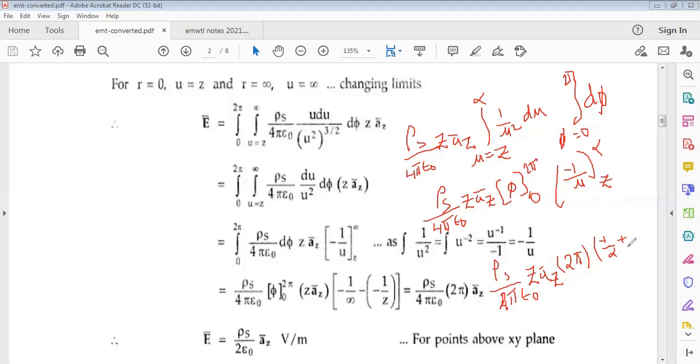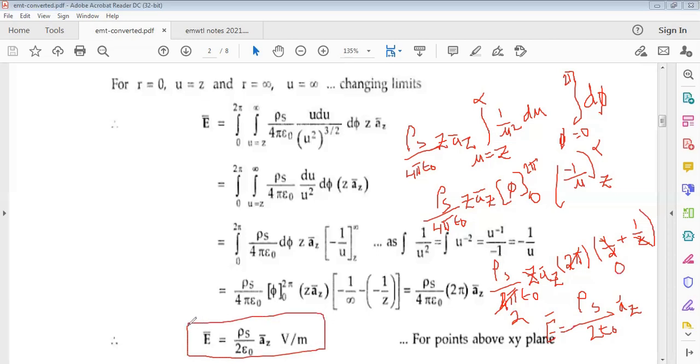In the lower limit, we substitute 1 by Z. So 1 by infinity is 0. Finally the 2 pi gets cancelled, we have only the 2, and Z is also cancelled. The remaining terms are rho s by 2 epsilon naught and az bar. So E bar is equal to rho s by 2 epsilon naught into az bar volts per meter.